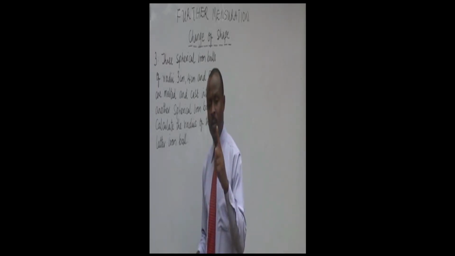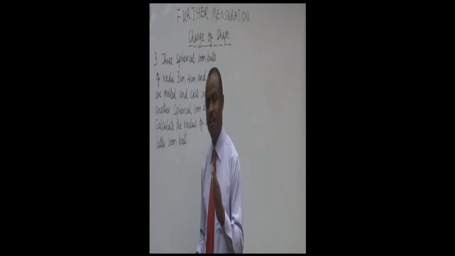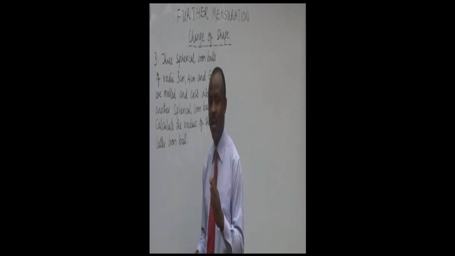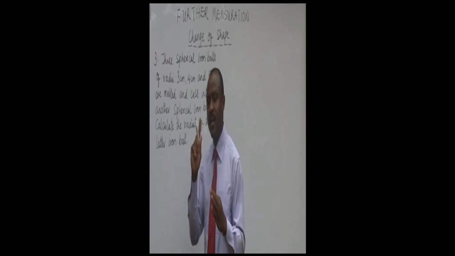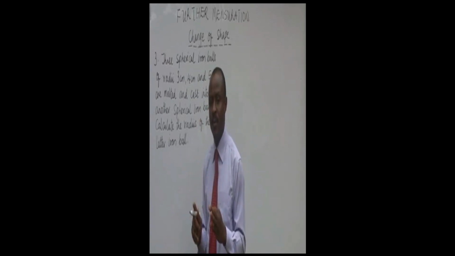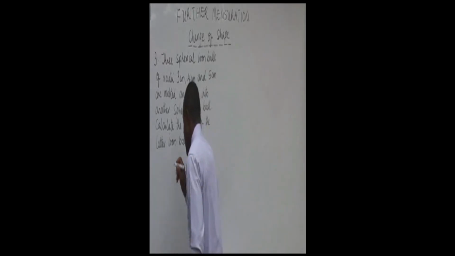The formula to find the volume of any sphere is 4 over 3 pi r cubed. So we are going to sum up 4 over 3 pi r cubed and equate it to 4 over 3 pi r cubed. What I mean is this.